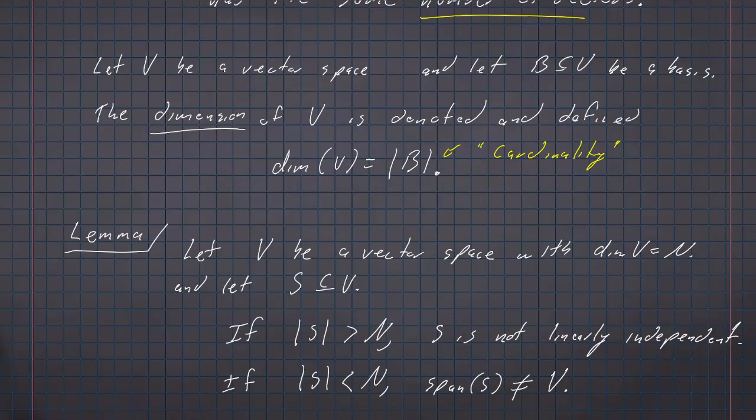In order to have a basis for a vector space, it must be linearly independent and it must span the vector space. So if we know one basis and we know its cardinality, we know that another basis can't have a larger cardinality or the other basis wouldn't be linearly independent.